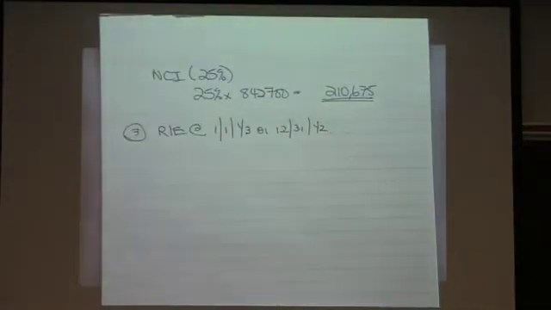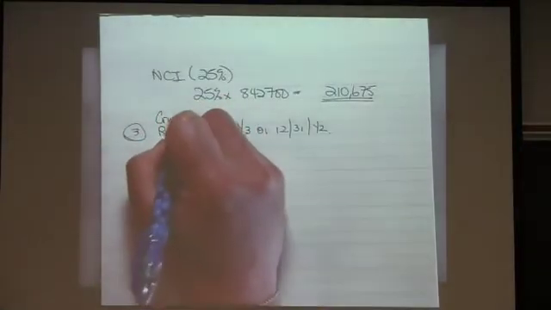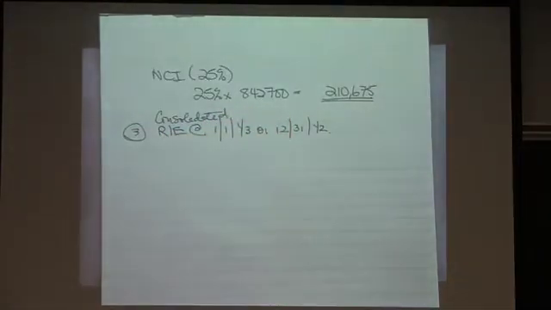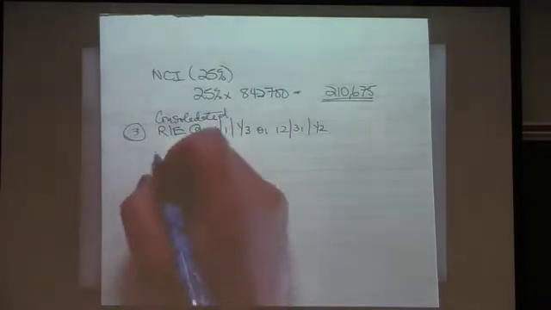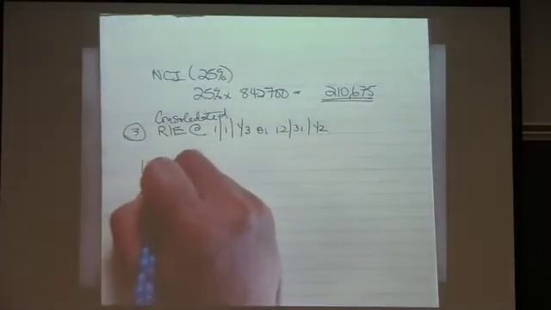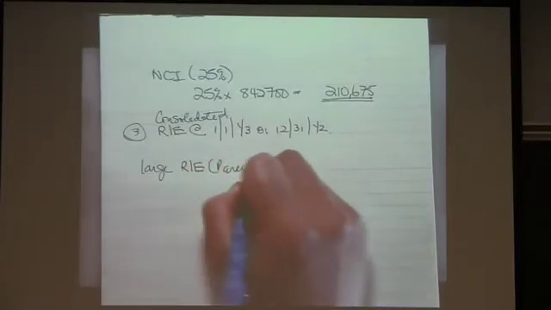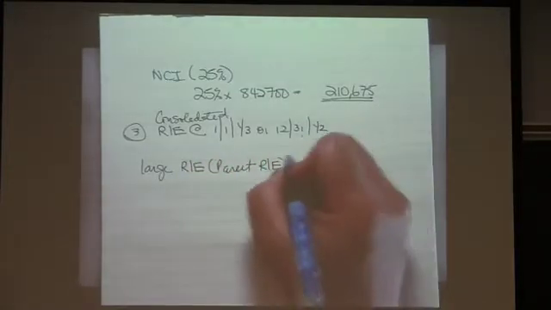So how do we calculate the consolidated retained earnings at the beginning of the year? This is consolidated, so we always start with the parent. First we need to determine Large's retained earnings, which is the parent's retained earnings as of this date.